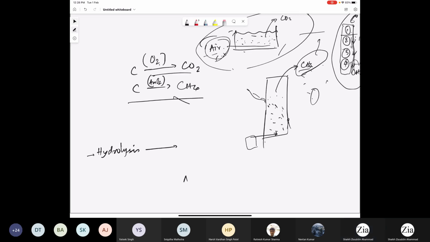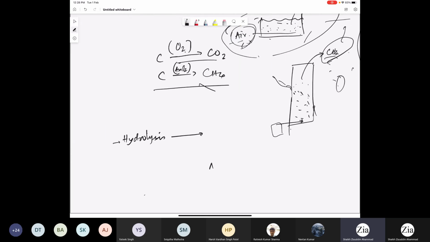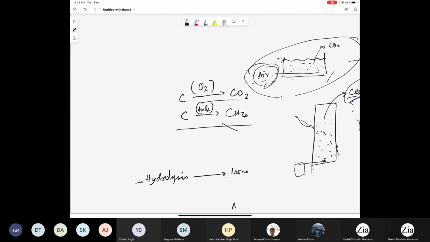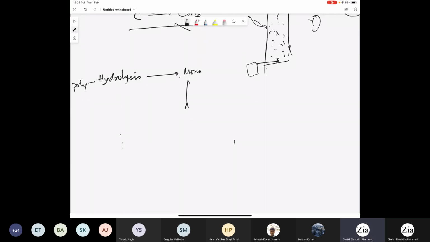So you have carbohydrates, lipids, fats, or different proteinaceous material, and it will convert all polymers to monomeric compounds. So you have polymers, then monomers, and from monomers you go further. All these steps are happening in a series of reactions.